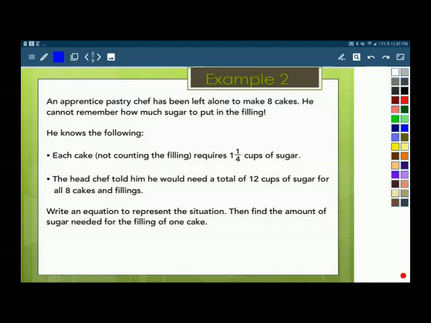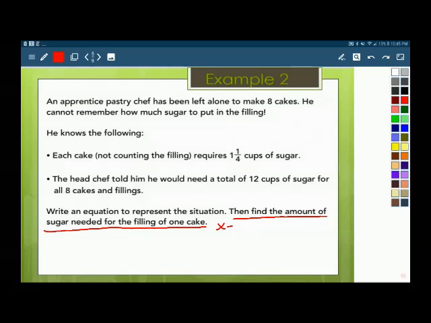1 cake. Okay, so I'm going to underline that last part there. We're going to write the equation, obviously, in order to solve it. But that last sentence there says, find the amount of sugar needed for the filling of 1 cake. Now I always underline that last piece because it basically tells us what our variable should represent. Let's call that x.